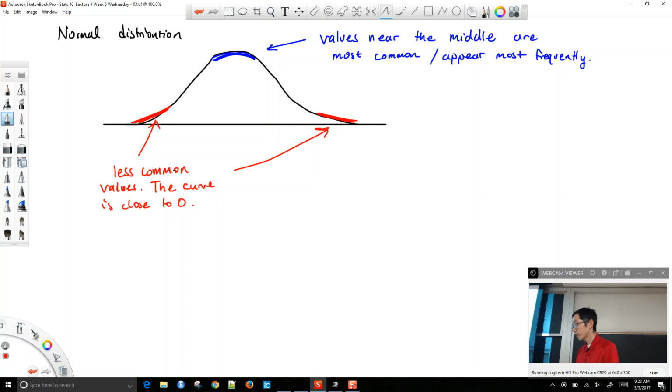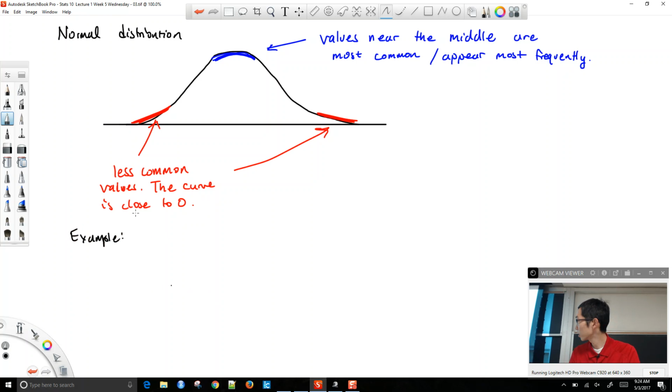And so an example of the normal distribution could be something like, you know, in the United States, if we're looking at the heights of adult women, we can say that the distribution will look somewhat like the normal distribution. Okay, so here's an example.